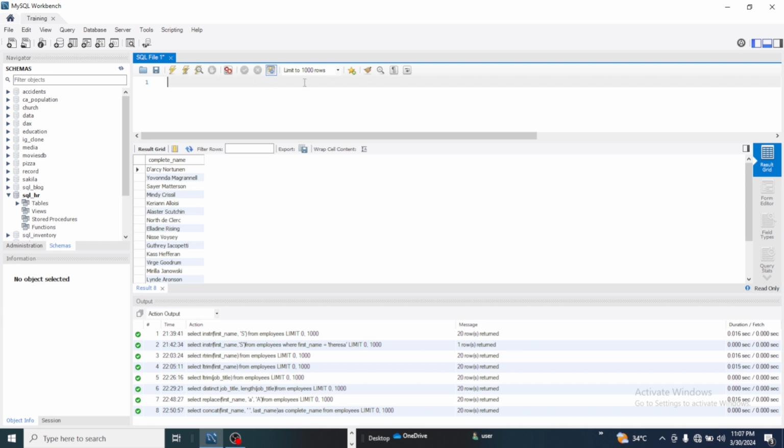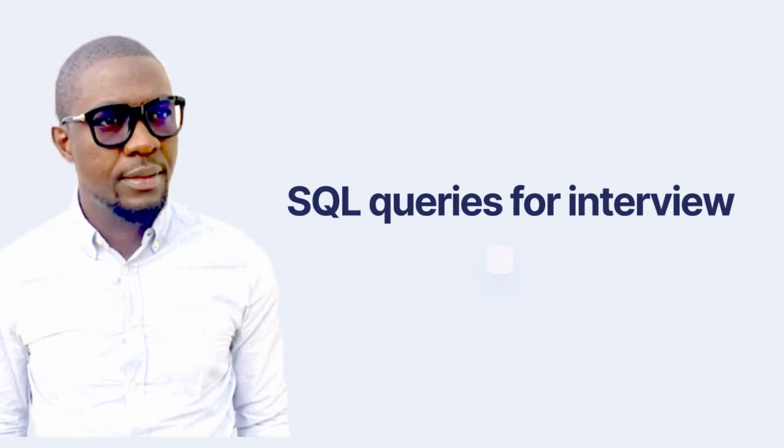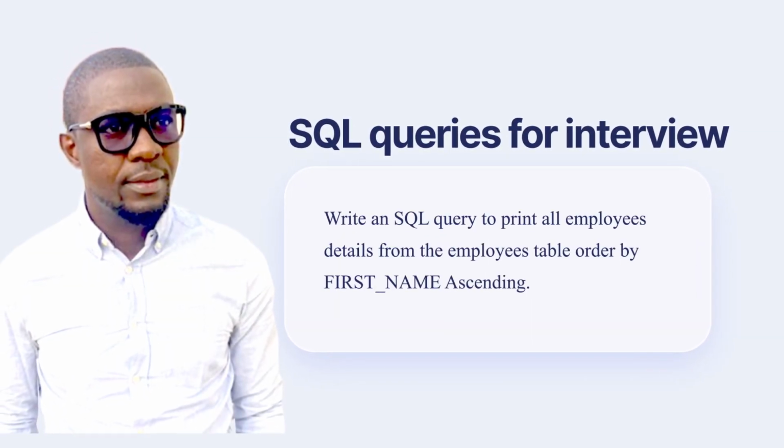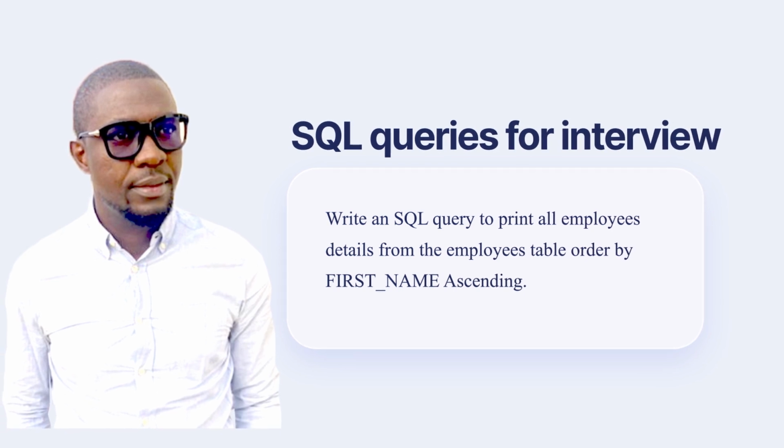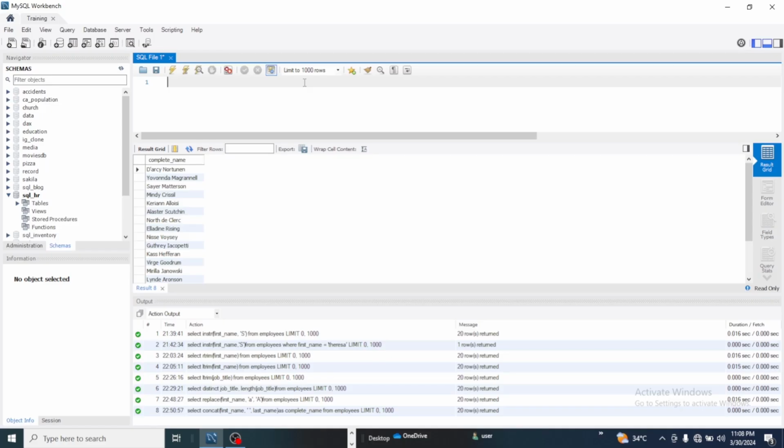Okay, to the next question. Write an SQL query to print all employee details from the employee table ordered by first name ascending. So at this point, we are going to use our order by.